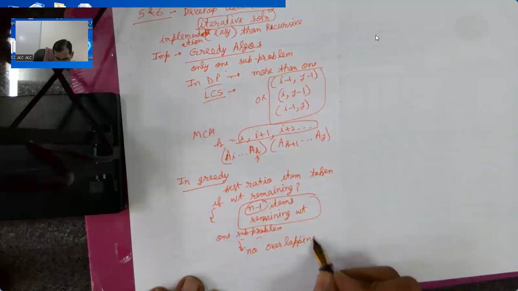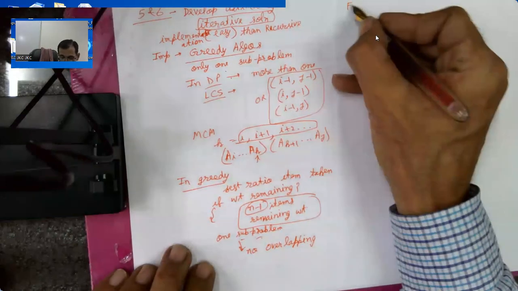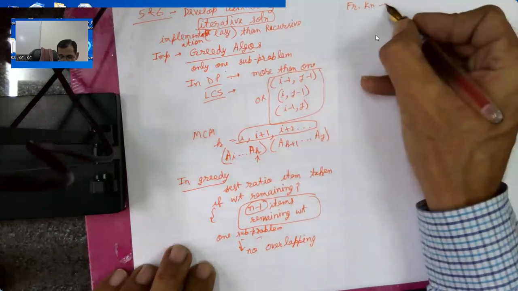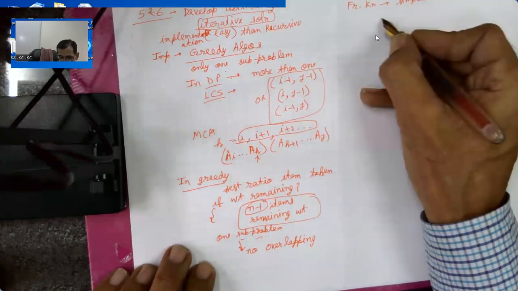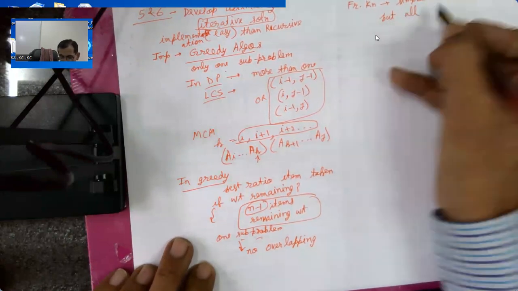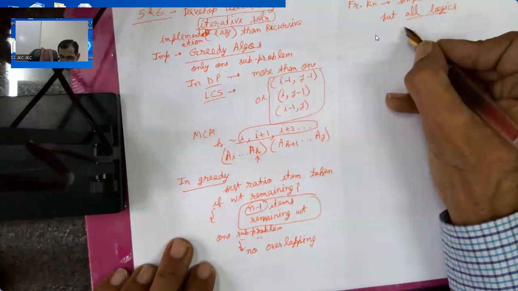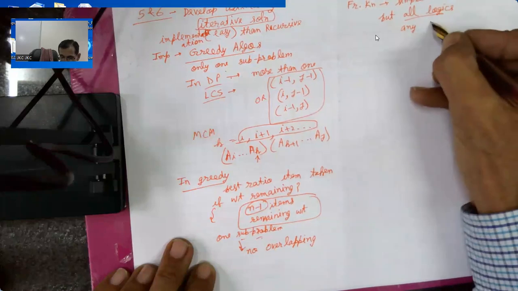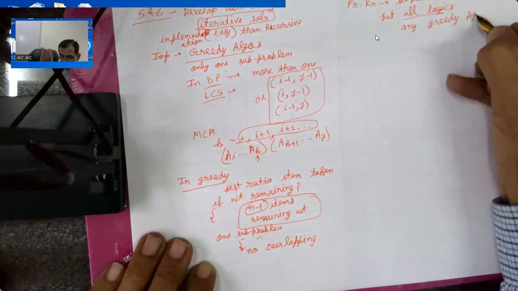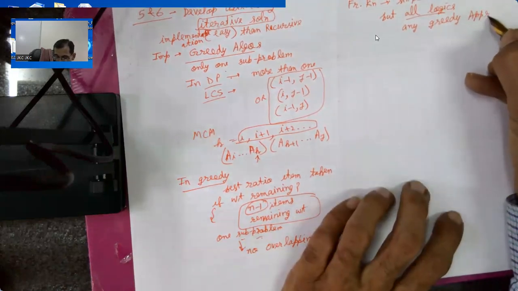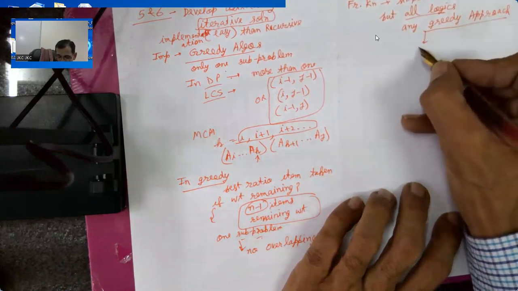Although in fractional knapsack I need not explain all this, since the fractional knapsack problem is very simple, in general all the logics I have just explained are mainly for any general greedy algorithm. So for any greedy approach, you have to satisfy yourself that you can design your greedy choice.